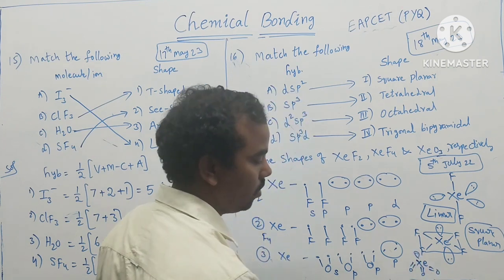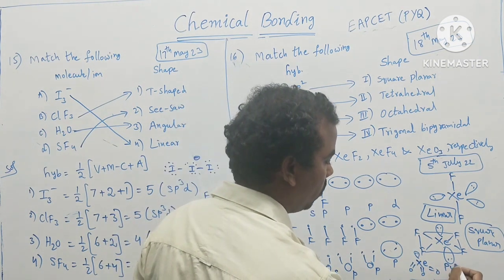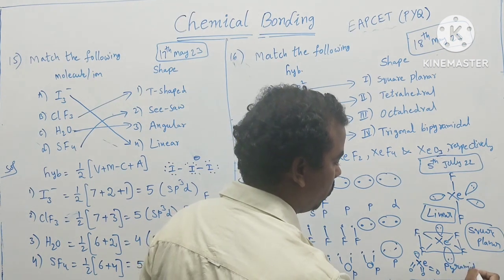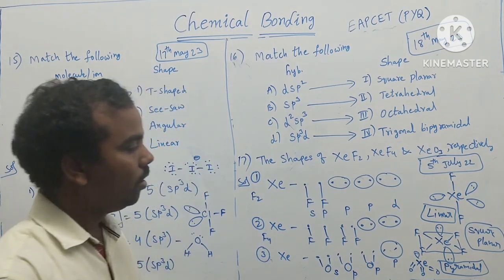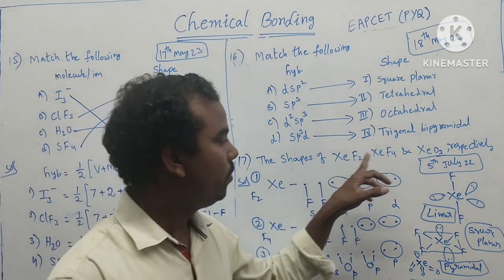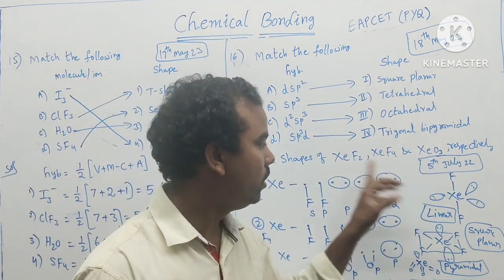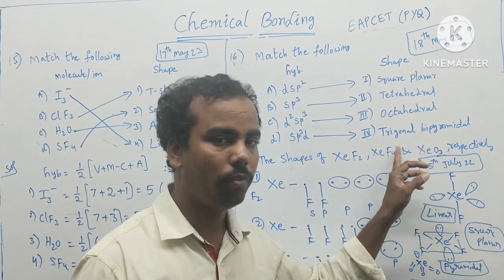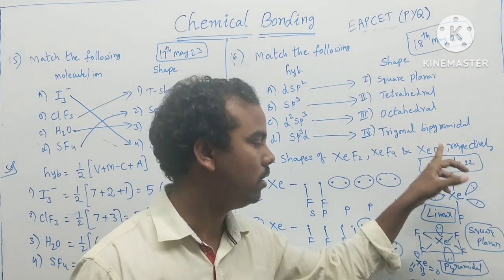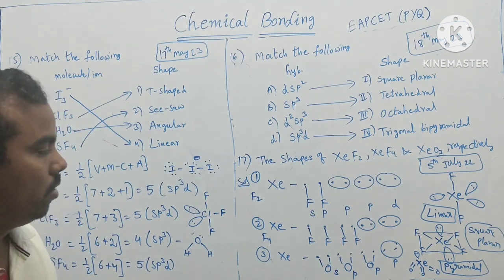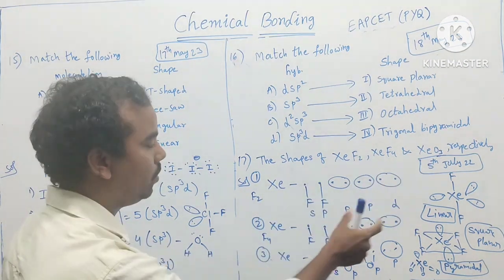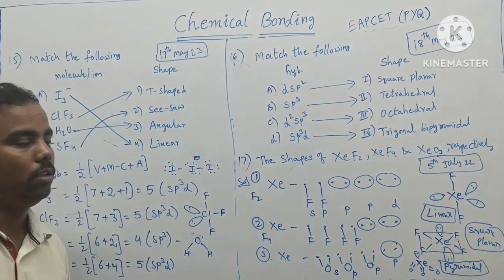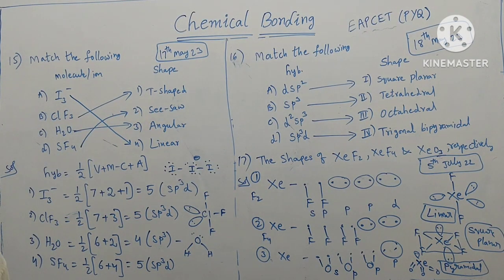Its structure is pyramidal. So what are the shapes of XeF2, XeF4 and XeO3? XeF2 is linear, XeF4 is square planar, XeO3 is pyramidal shape. So based on electron pairs arrangement also you can calculate the hybridization. Okay.